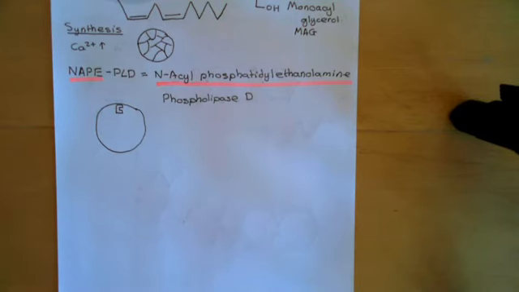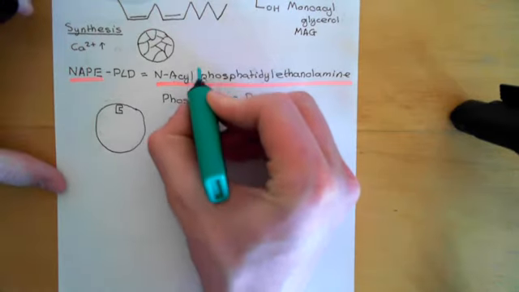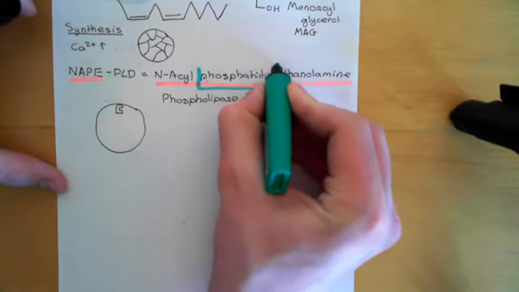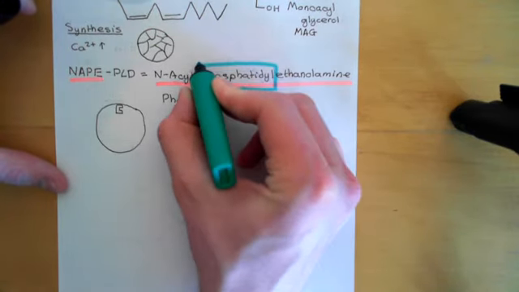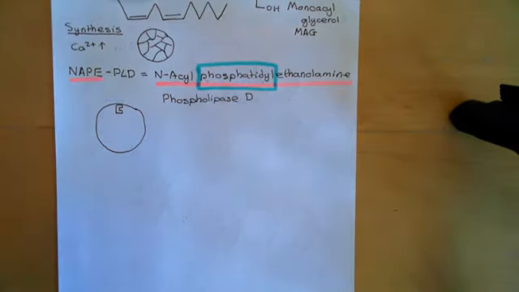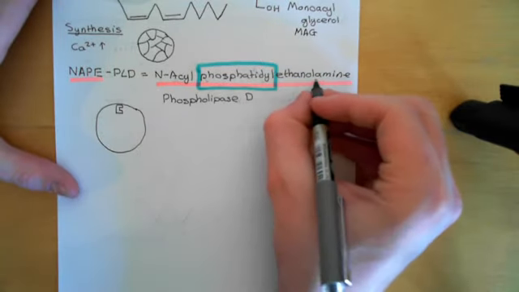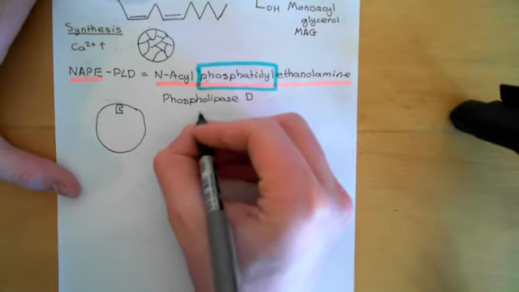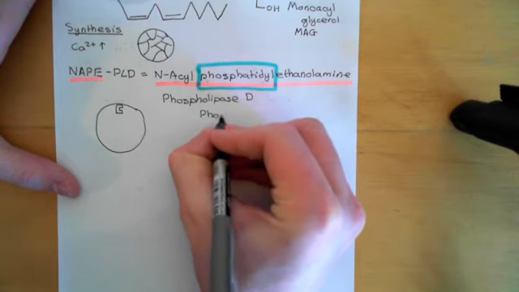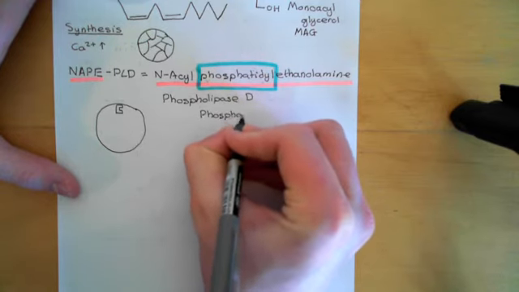The basis for this molecule is the phosphatidyl portion. This is the really important portion to understand. This is the basis for most phospholipids that are in the cell membrane. So this prefix in front of the ethanolamine implies that the structure contains a molecule known as phosphatidic acid.